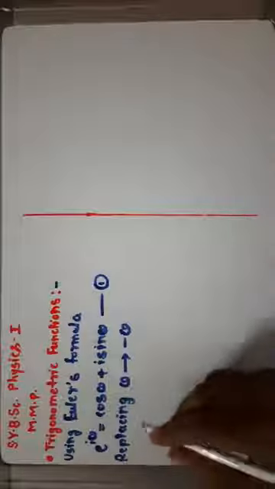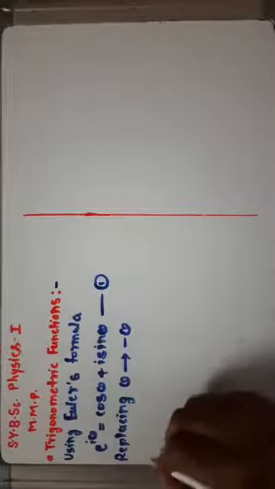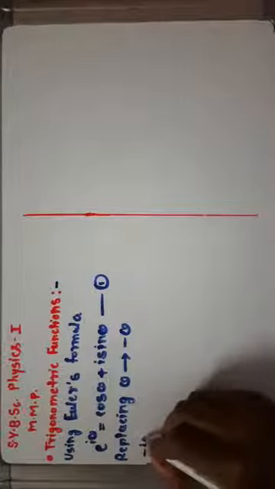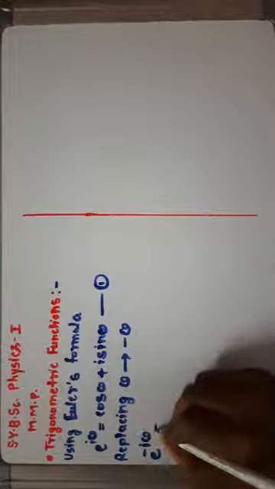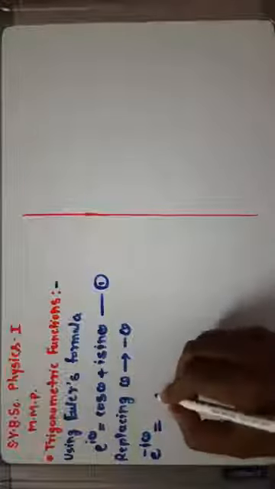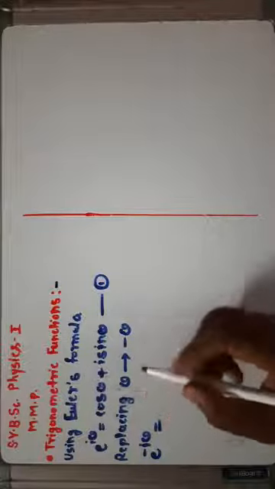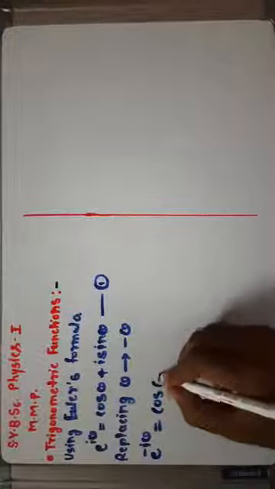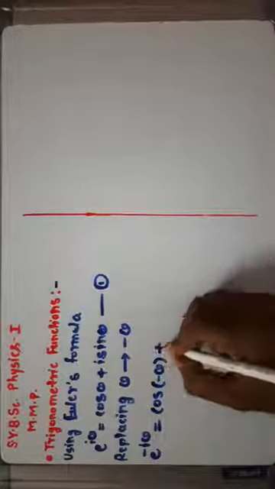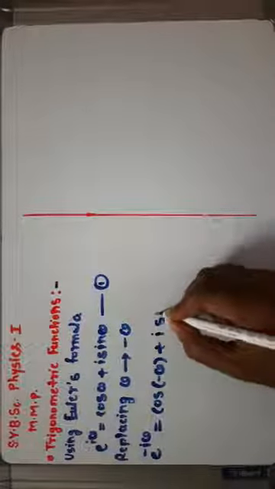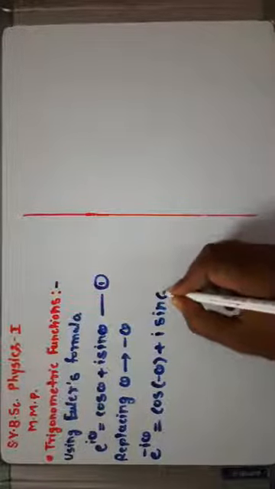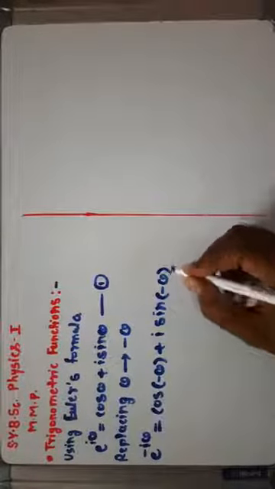Then Euler's equation becomes e raised to minus i theta is equal to, where theta is replaced with minus theta, that means cos minus theta plus i, as it is, sin minus theta, right?